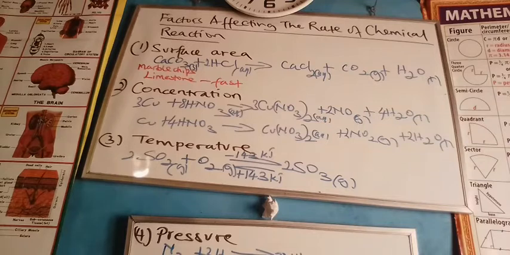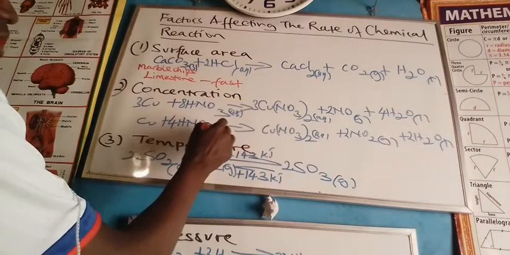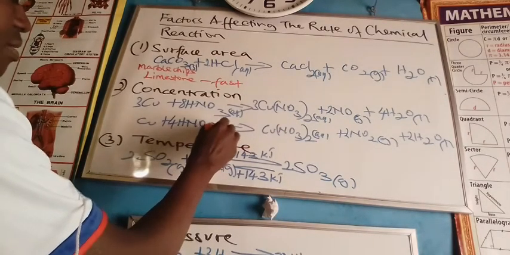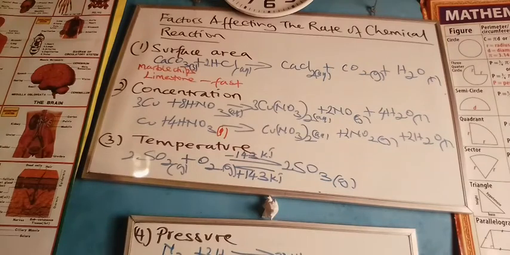The second factor that affects the rate of reaction is the concentration. We may have reactants in dilute state and others in concentrated states. Let's say, for example, nitric acid.